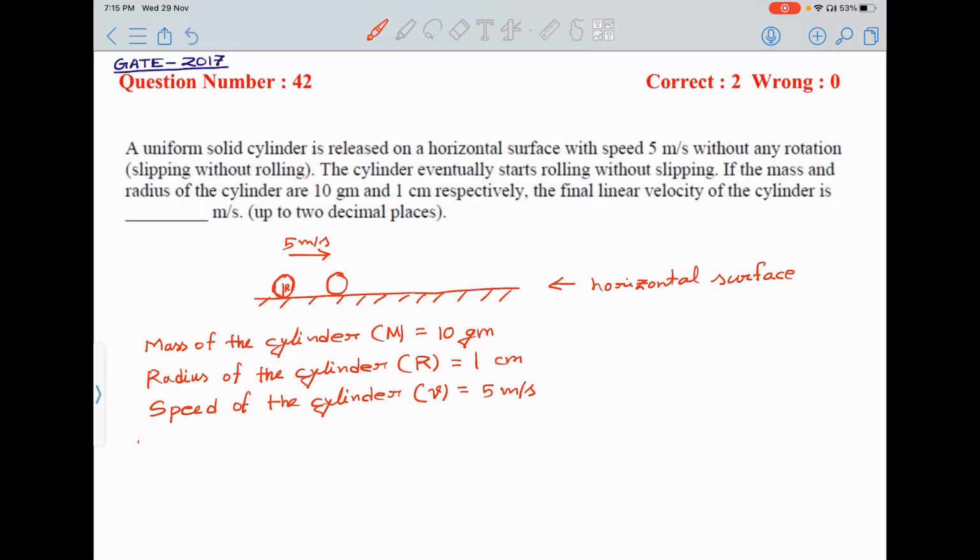So here the angular momentum about the point of contact is conserved.